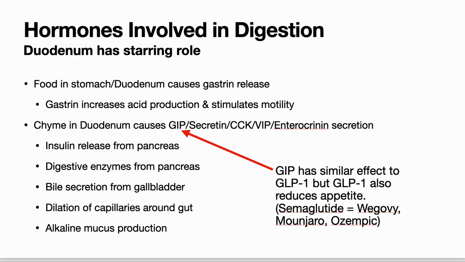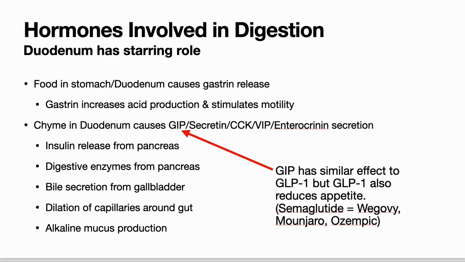We're going to have a dilation of capillaries around the gut because we want as much blood around the gut as possible so that we can absorb all of those nutrients and move them into the blood supply to get to the liver so the liver can decide what to do with it all. And we're also going to need to release alkaline mucus because we're going to need to neutralize all of that acidic chyme coming in from the stomach.